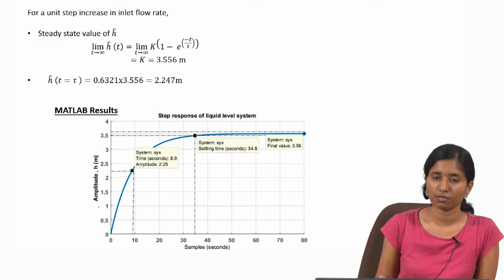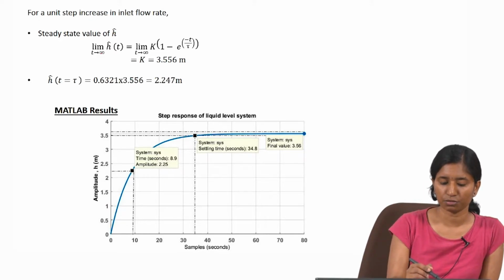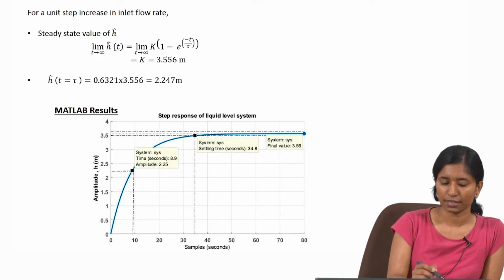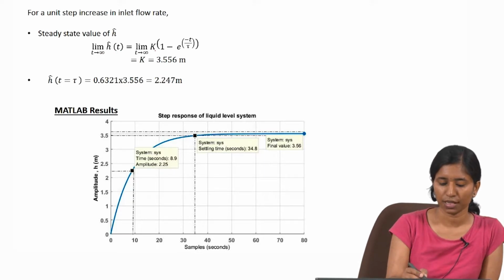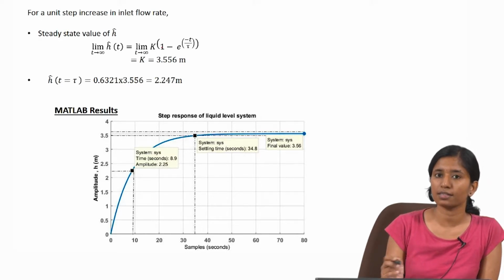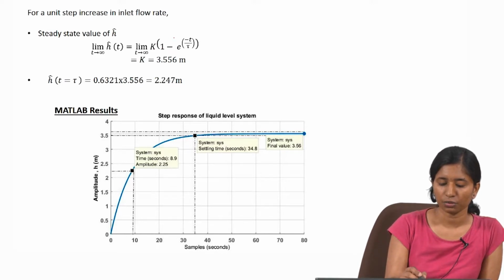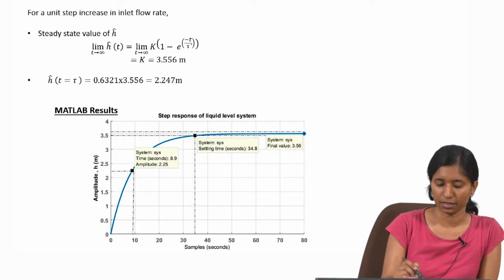So, the final steady state value of liquid level in the tank can be determined as limit t tends to infinity of h hat of t. Since h hat of t has an expression as k times m, where m is the magnitude of the unit step input, m equal to 1, it is k times 1 into 1 minus e raised to minus t by tau.